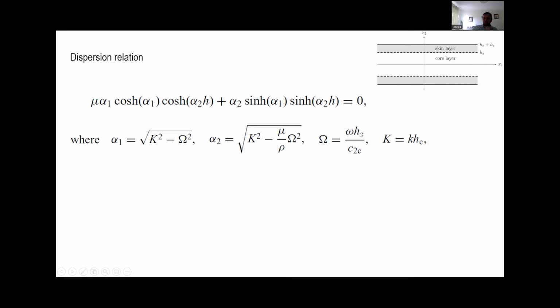So we choose to nondimensionalize within the core layer. As a result, we have two such quantities, alpha 1 and alpha 2, which appear inside. So this is a transcendental equation, and generally speaking there will be infinitely many branches here.